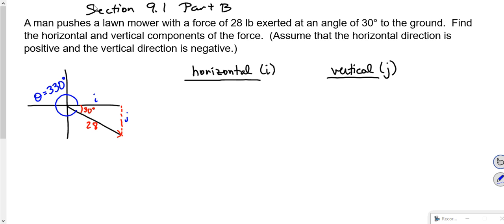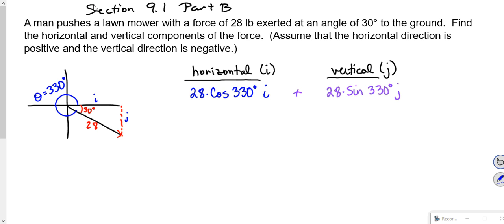Horizontal is going to be the magnitude, which in our case is 28, times cosine 330 degrees I, okay? Plus the vertical is going to be 28 times sine of 330 degrees J. So horizontal plus vertical. Now, obviously the vertical is going to give us a negative, so we're going to end up with a minus sign between them.